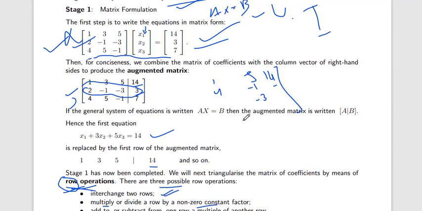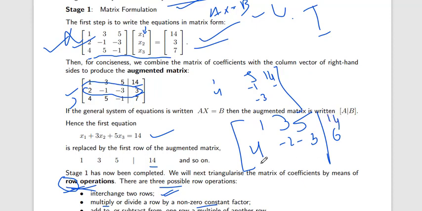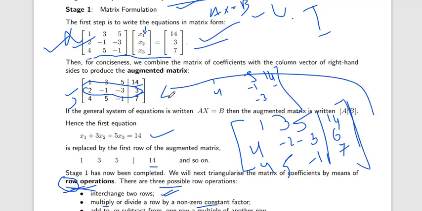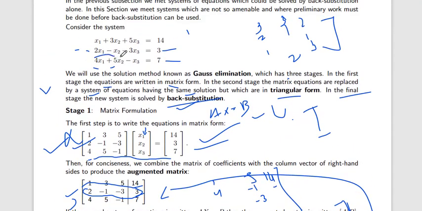If the next matrix is 1 3 5 4, -2 -3 and 6, and 4 5 -1, we will get the same matrix. Why? Because if we multiply by 2 or divide by 2, we get the same answer, as it is the same equation.